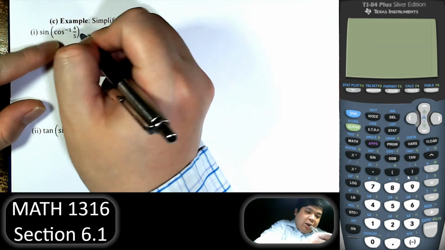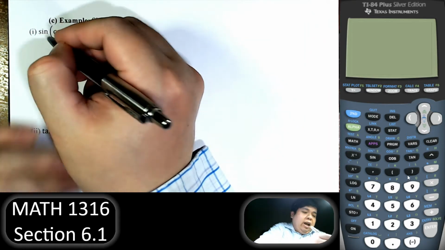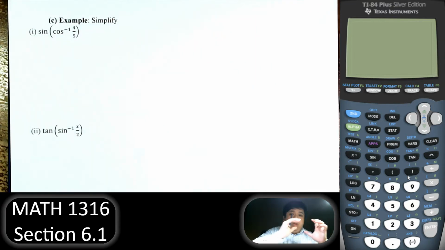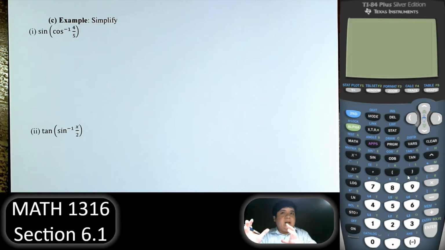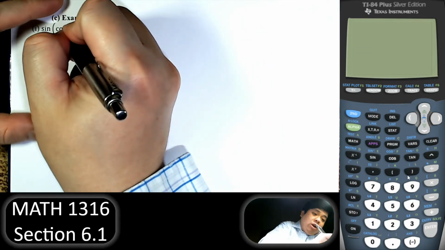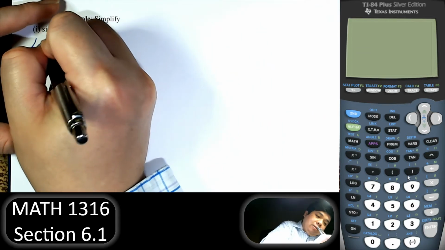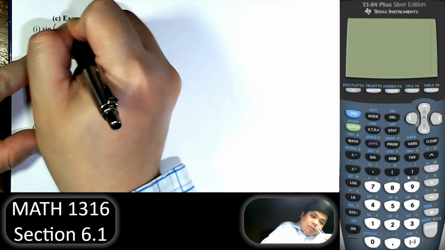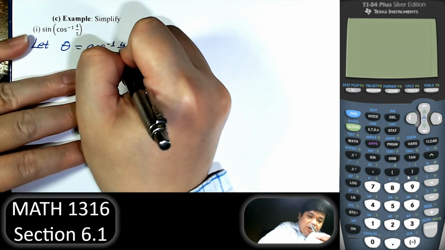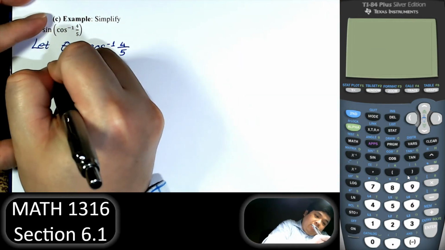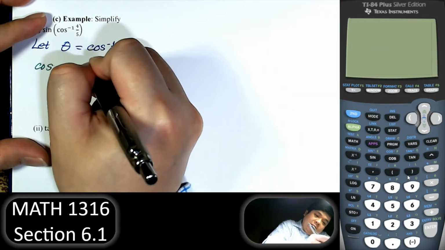So sine and cosine inverse. Now, when we do cosine of an angle, that will give us the values. If we do the cosine inverse of the values, it will give us back the angle. So if we let theta be the angle inside, because cosine inverse will give back the angle, what we can do after that is take the cosine on both sides.